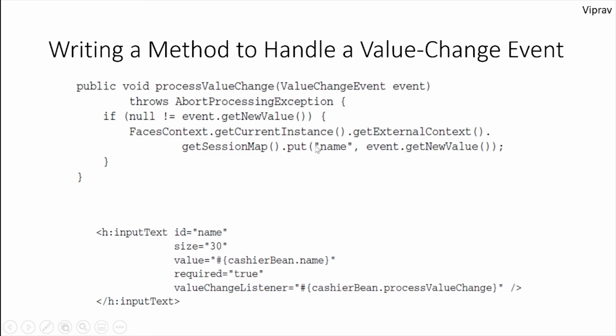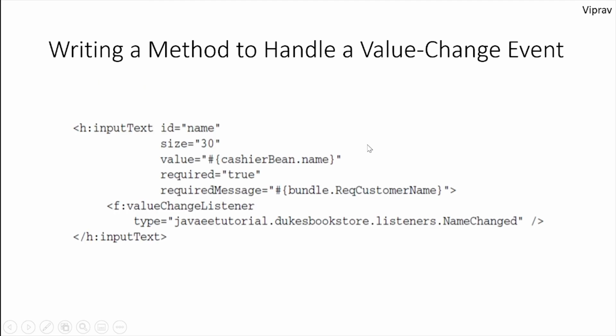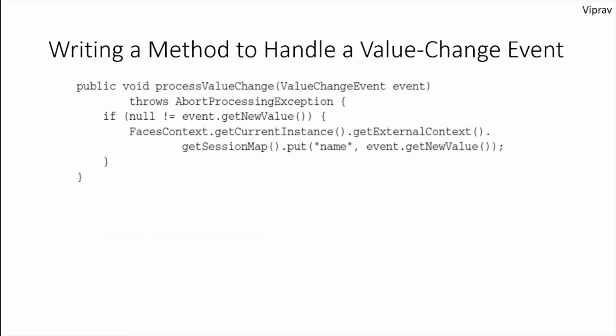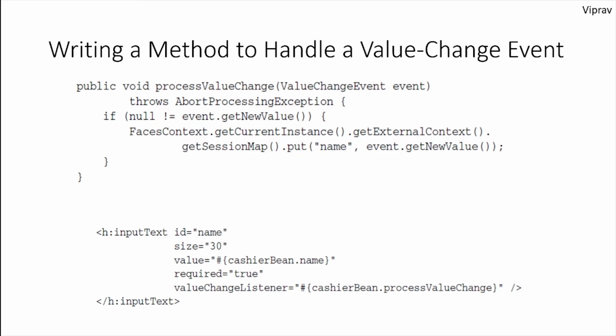You can now change this by using the ID name and size 30, and then you can go for cashier bean.processValueChange, which calls this directly. The usefulness of this is that instead of doing the validation inside this code right here, you can do it in a managed bean and then use this managed bean for multiple validations later on.